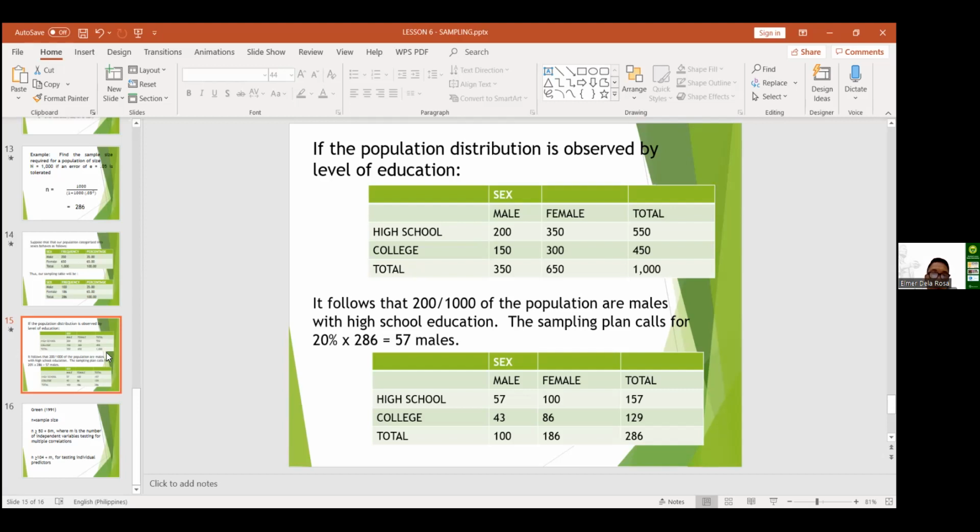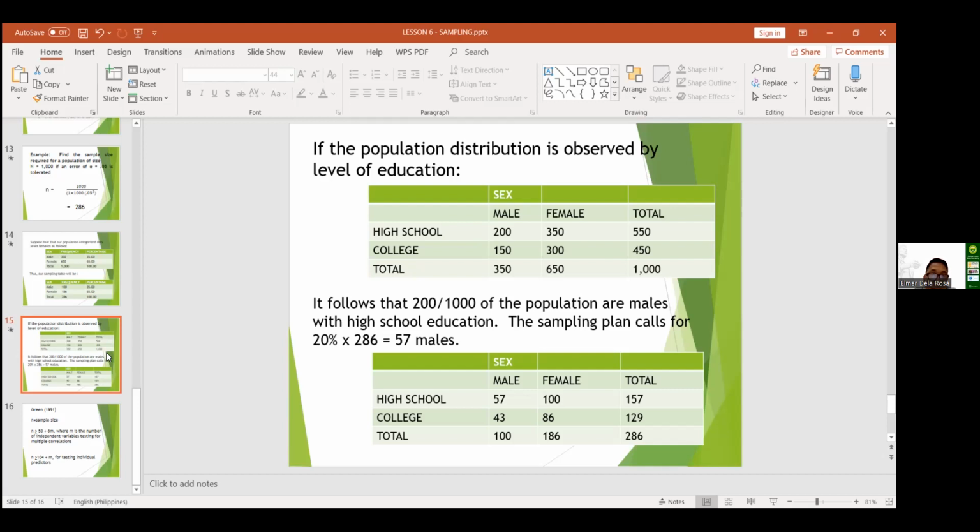So, kung gagamitin ko yung dalawa na yan, level at saka sex, at 286 ang aking sample size, malalaman ko yung specific na number nila sa bawat cells. Okay?